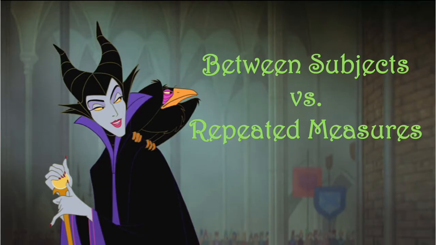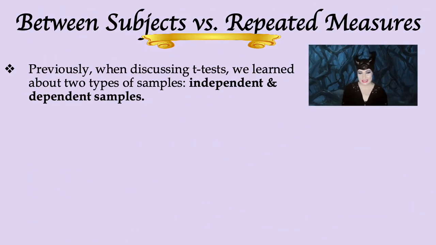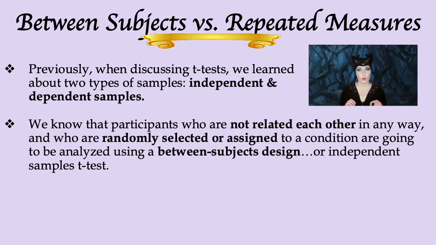So the next thing that we need to revisit is the topic of between subjects versus repeated measures design. You may remember that when we were discussing t-tests, we learned about 2 types of samples, the independent sample and the dependent sample. We know that participants who are not related to each other in any way and who are randomly selected and randomly assigned to a condition are going to be analyzed using a between subjects design or an independent samples t-test.